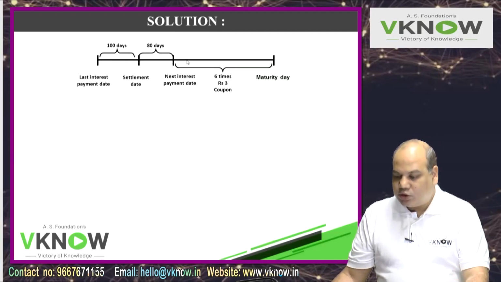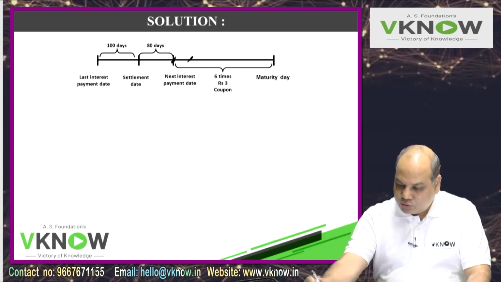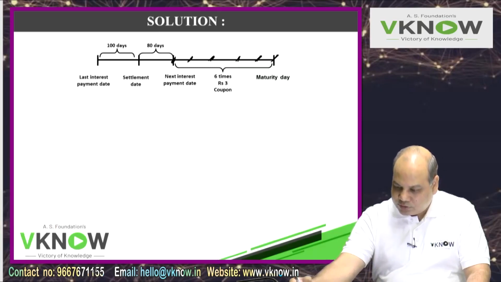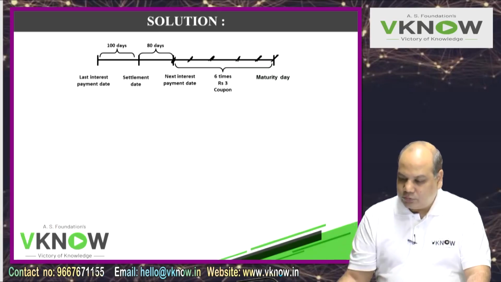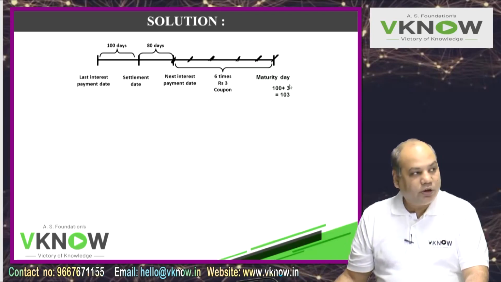And total 6 coupons are pending, including this next interest payment date. Okay. So therefore, this is 1 coupon, 2, 3, 4, 5, 6. And this is the maturity date. On maturity date, you will receive 100 rupees face value and 3 rupees coupon.